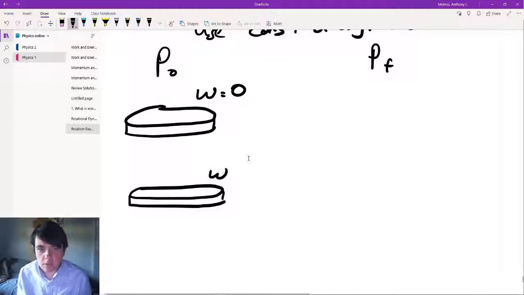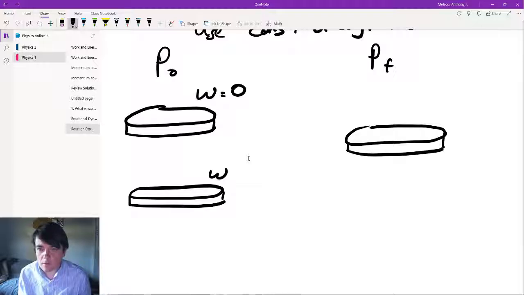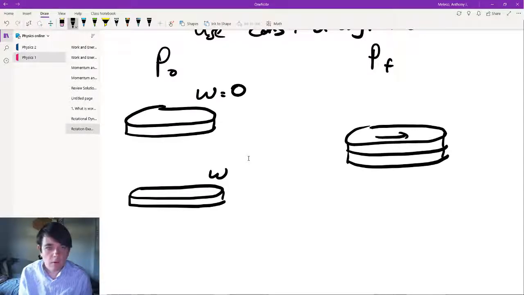And then in our final, they're together, and they're rotating. So we want to know omega final equals what?